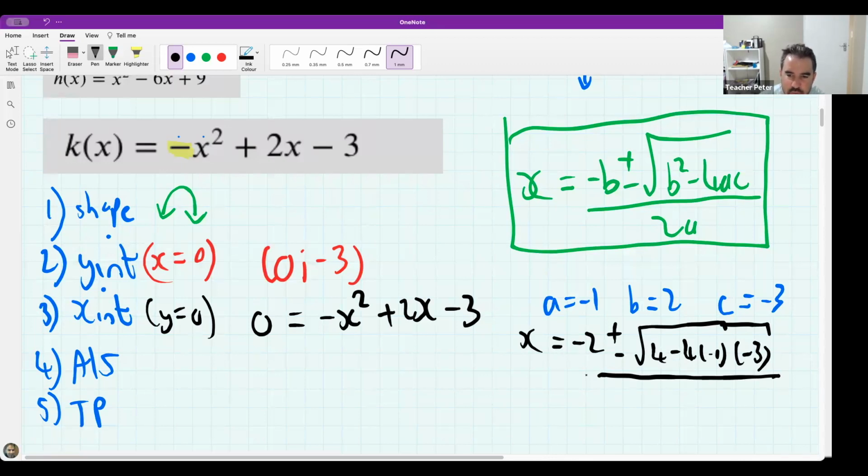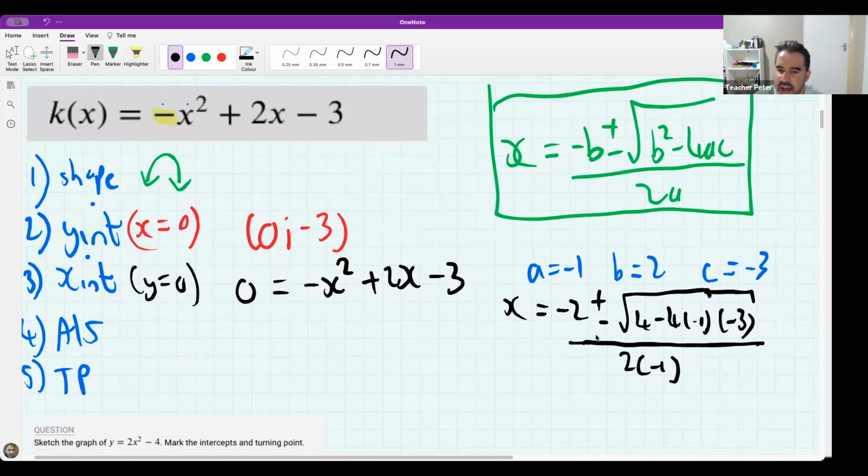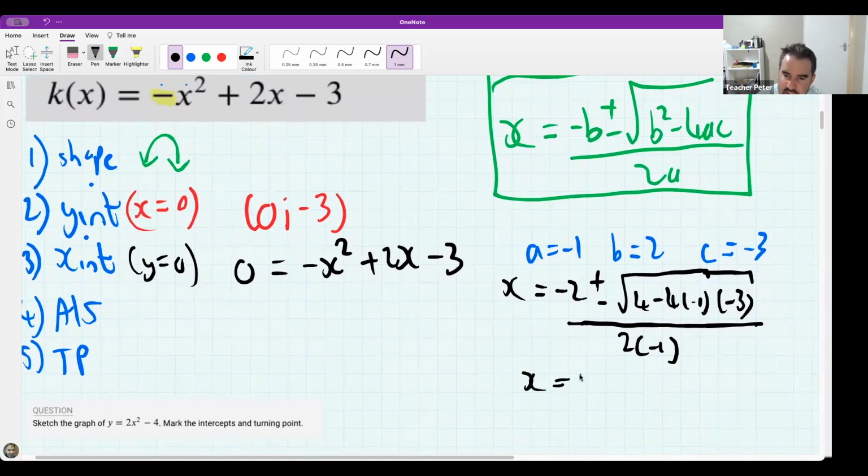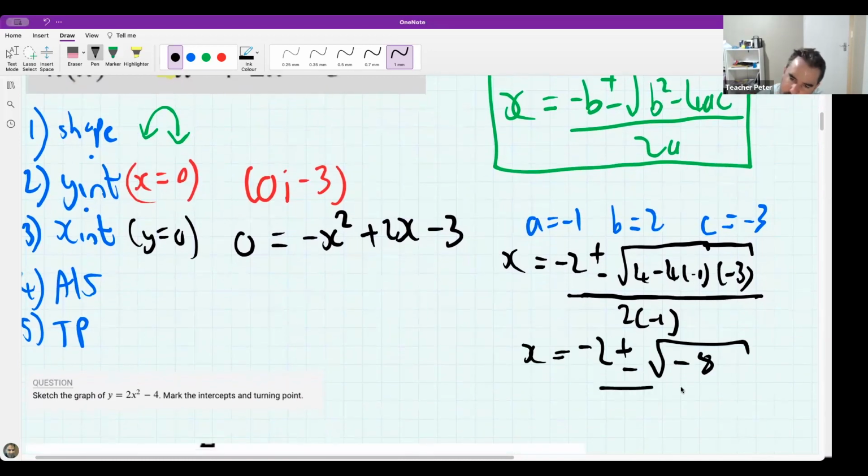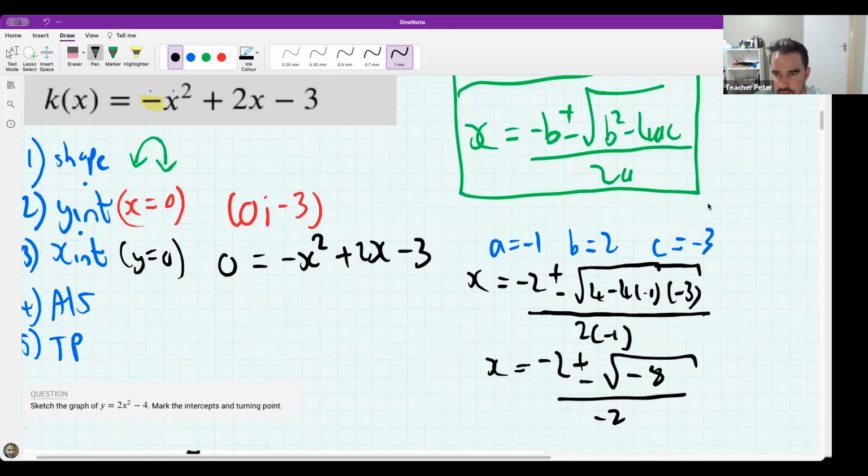What does that mean? Oh, that's a nice question. So 2a, that would be minus 2, 2 times minus 1. Okay, I get a negative value for delta, which is minus 4 plus 4 minus 12. I get minus 8. And I haven't got a calculator here, but if I did, it would be giving me an error. Are you getting an error on your calculator for this one?